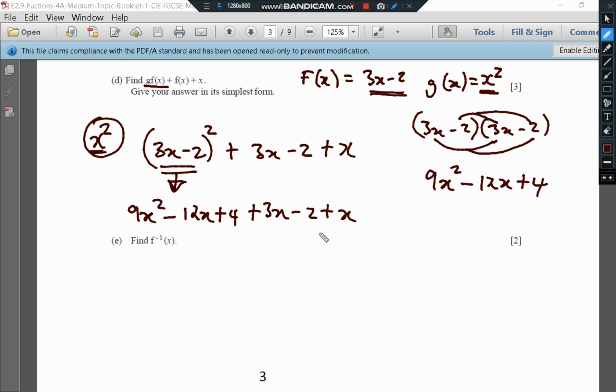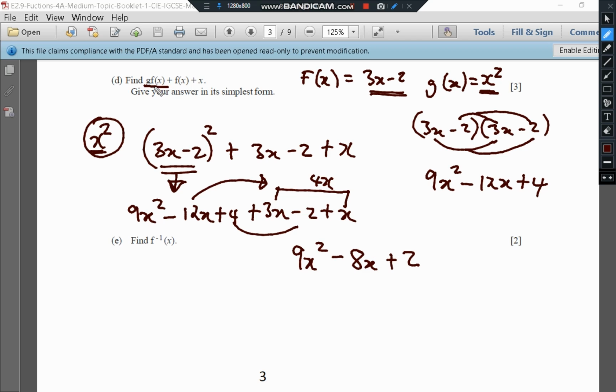So it means we've got 9x squared minus 12x plus 4, and then plus the rest of the stuff, plus x. So you can see that these two are like terms, they give us 4x, and then they are also like terms with this guy. So negative 12x plus 4x gives me negative 8x, and then these two are like terms. 4 minus 2 gives me plus 2, and then we've got 9x squared.